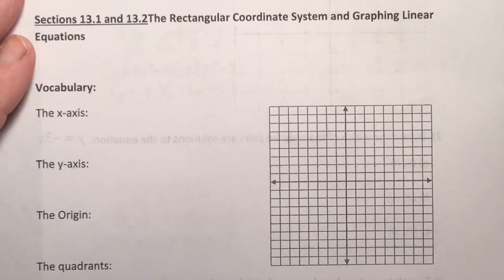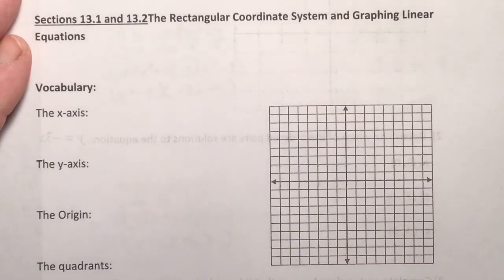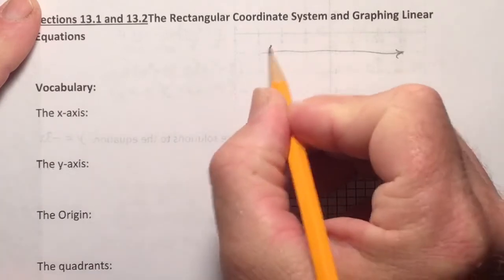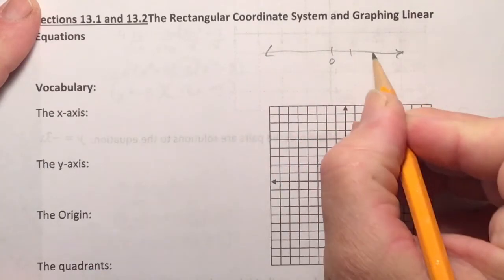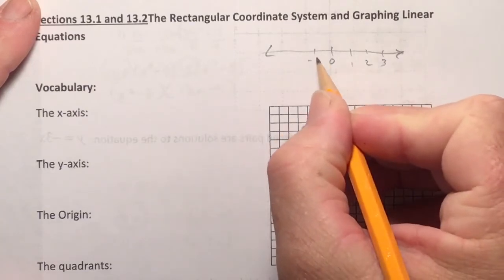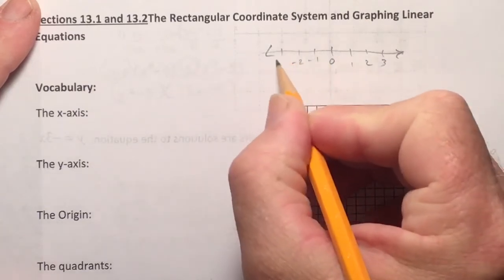All right. So we got a rectangular coordinate system. Some people call it Cartesian coordinate system, but we're just going to work in a rectangular coordinate system, which is two dimensional. Okay, so one of the things that we've done in the past is we've plotted things on a number line, like 0, and then you have 1, 2, 3, and then over here you got -1, -2, -3.